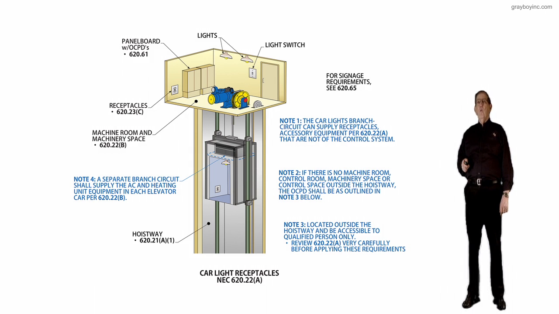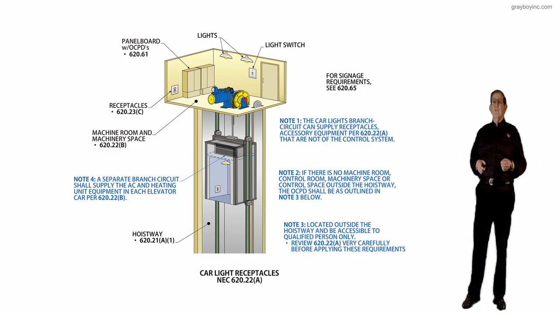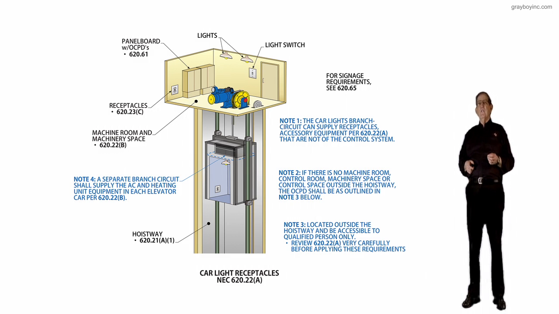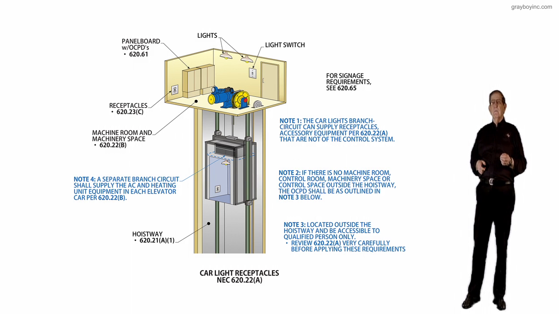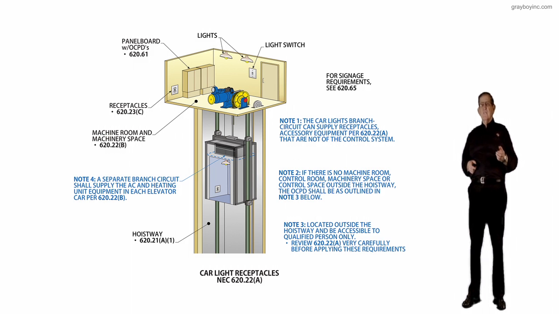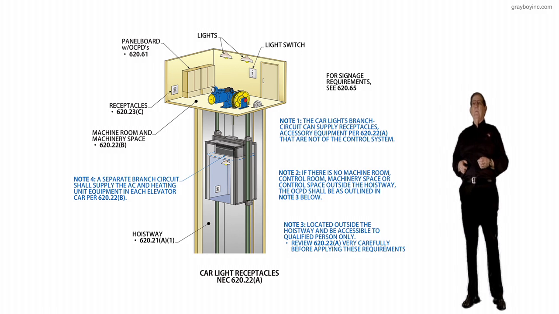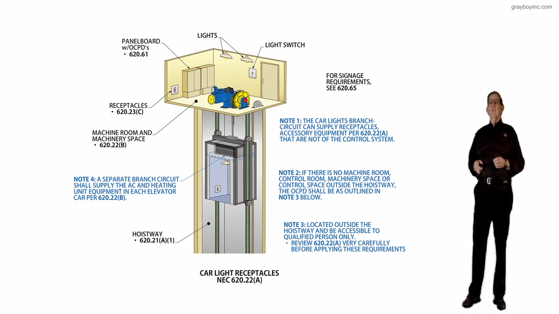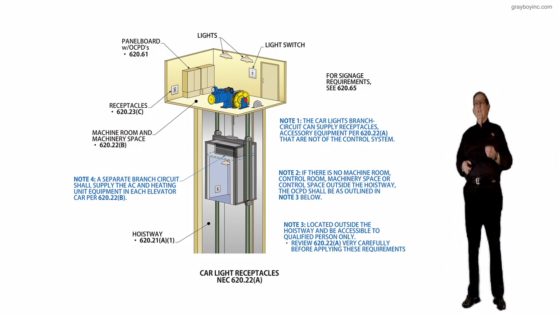Note 1, to the right-hand side of the illustration, the car lights branch circuit can supply receptacles that are accessible, accessory type equipment per 620.22(A) that are not of the control room system. So that's important.